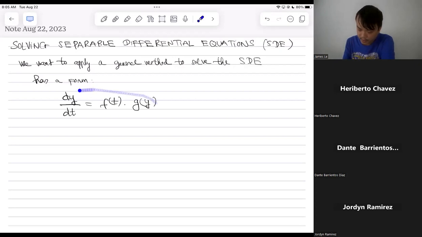So when you look at the equation right here, whenever you see dy over dt, it means y is a function of t, and we want to find y of t.